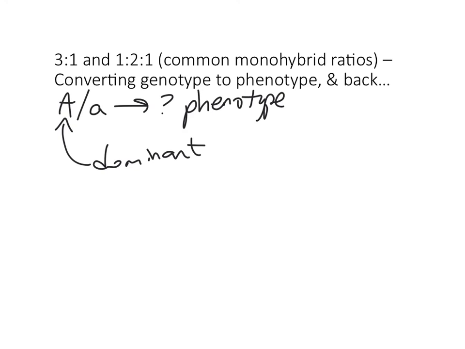Name a phenotype. Brainstorm with me. Any phenotype. Brown hair. Okay, so the big A allele makes individuals that have brown hair.